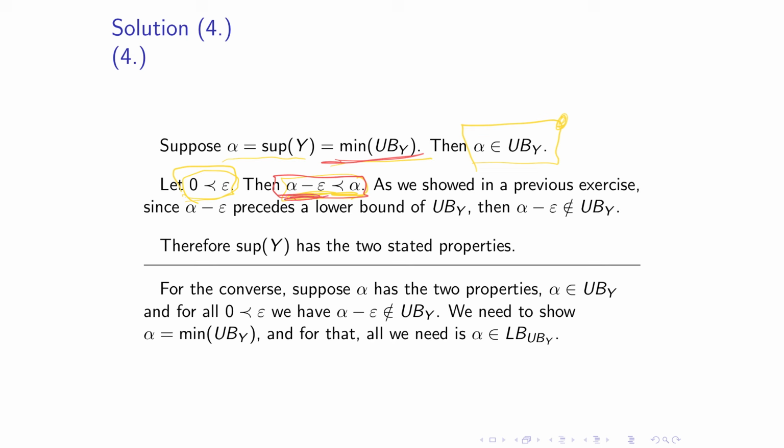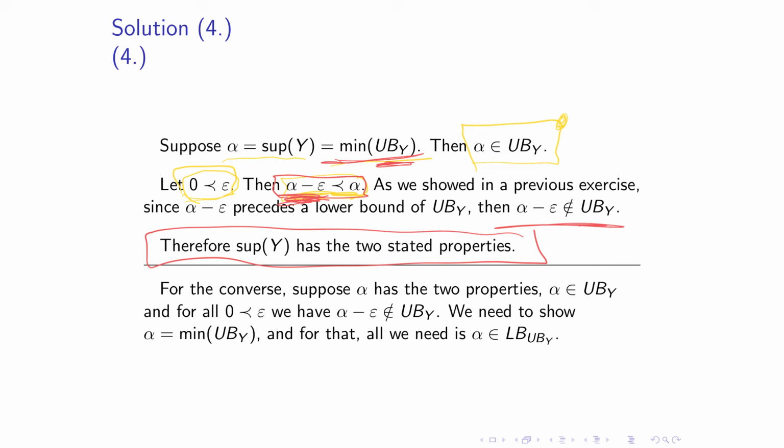So effectively, since alpha was the minimum of UBY, and this thing is smaller than alpha, then this thing cannot be in UBY. That is precisely the result that we wanted to obtain. So therefore, the supremum has the two stated properties. And next we'll work on the reverse direction.